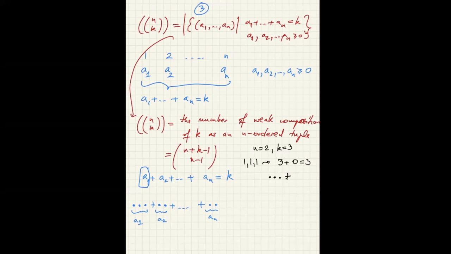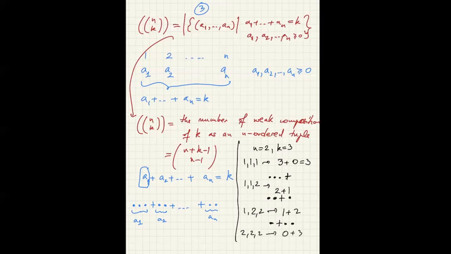Similarly, the next one, 1, 1, 2, corresponded to the equation 2 plus 1, and that can be represented by 2 dots, a plus, and another dot. 1, 2, 2 will give me 1 plus 2, which is 1 dot plus 2 dots. And then 2, 2, 2 will give me 0 plus 3, where the plus is at the beginning, and then you have 3 dots.